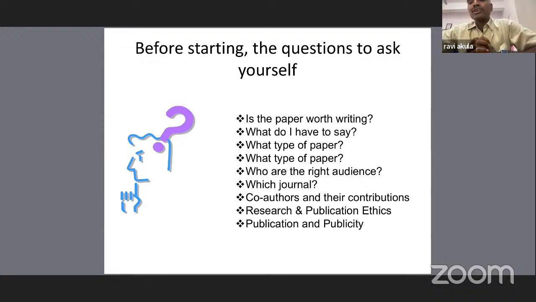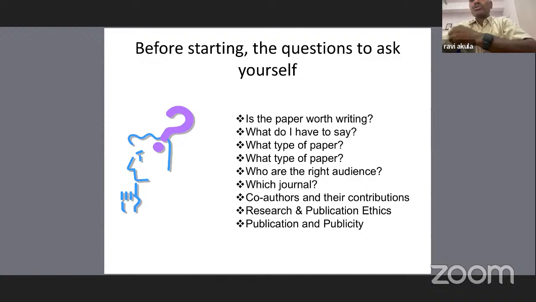Publicity matters: the more readers and the more audience you have to cite your paper, the more your citation score will increase. So first, before starting the research work, one needs to self-examine.